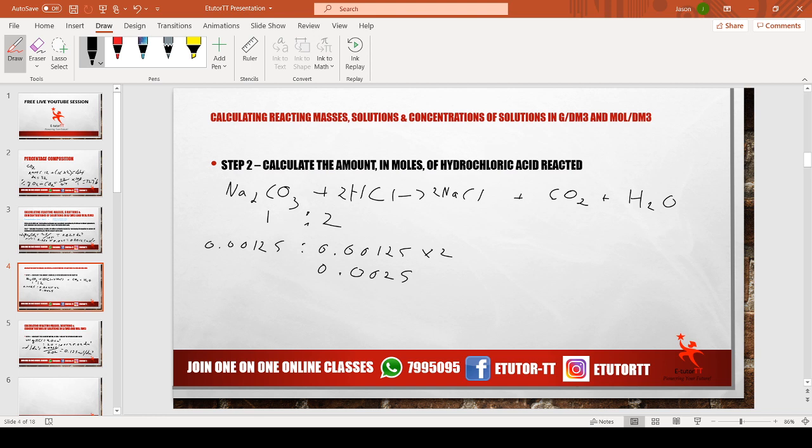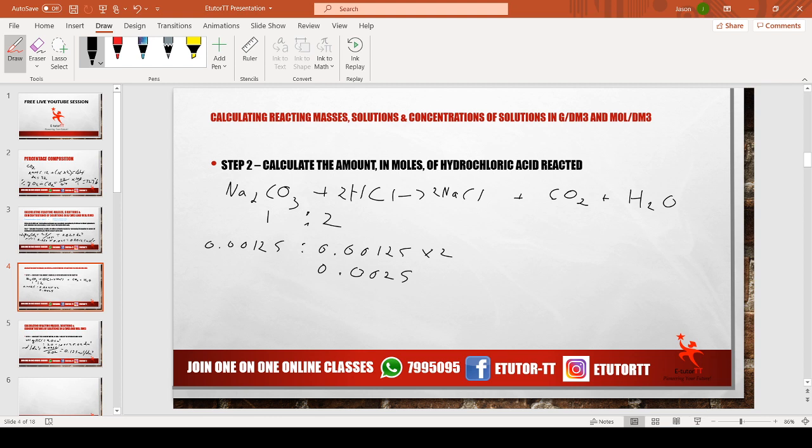Step 2. Calculate the amount in moles of hydrochloric acid reacted. So we have sodium carbonate plus hydrochloric acid to give us sodium chloride plus carbon dioxide plus water.